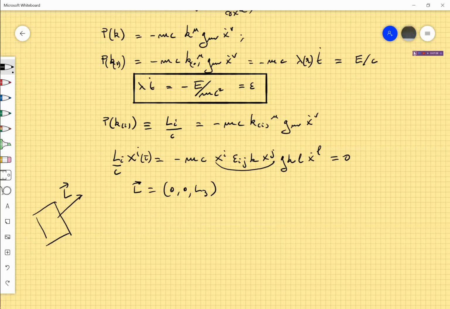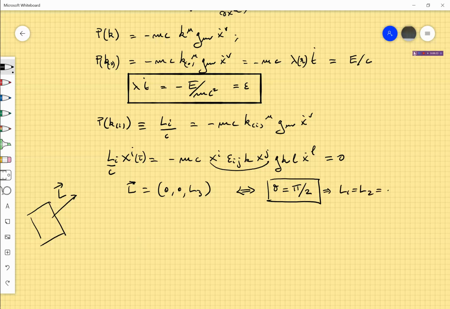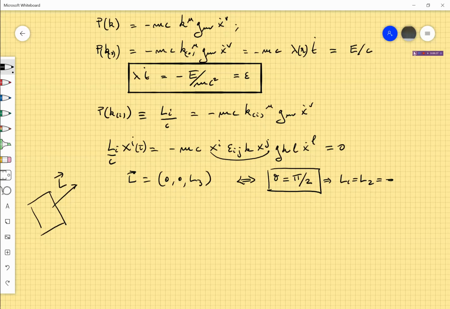You can now see, let's study what is L1 and L2, and you see that this is equivalent to setting theta equal to pi over 2. When you set theta equal to pi over 2, L1 is equal to L2 and is equal to 0, and only the component L3 is different from 0.